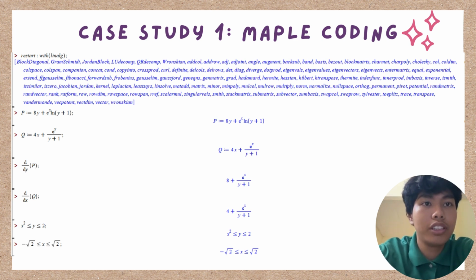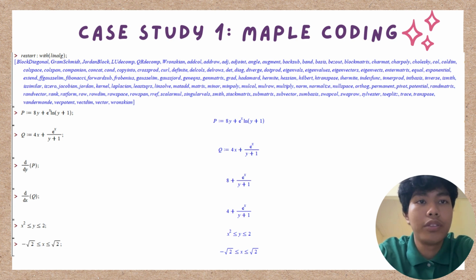Alright, now for this session, I will explain the Maple coding for case study 1. First of all, we need to declare the equations of P and Q, where P is 8y plus e^x ln(y+1), and Q is 4x plus e^x over y+1.